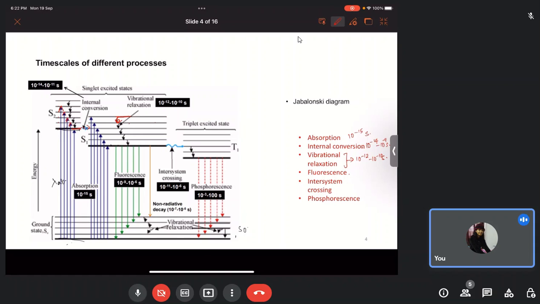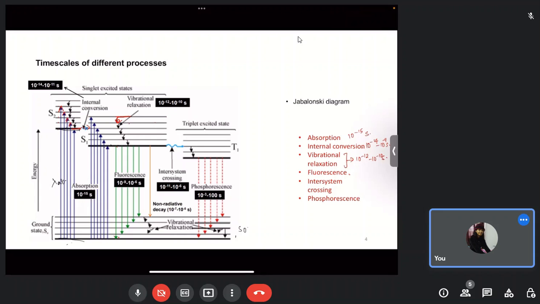Fluorescence happens when the electron comes from the lowest vibrational energy level of the first singlet excited state to any of the vibrational energy levels in the singlet ground state, which is denoted by the different green arrows.